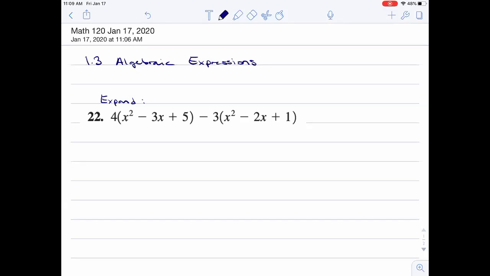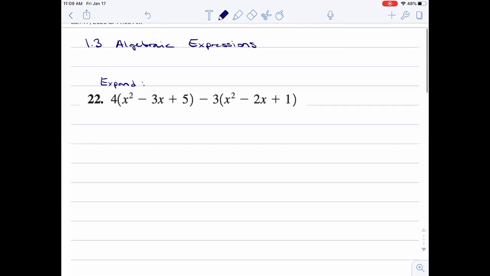So we want to expand this. Right, and so what we're going to do is on the one side, I'm going to write out the original equation, and then I'm going to say equals, and then I'm going to start expanding, right? It's probably going to take a couple of steps, but that's how I'm going to set it up.